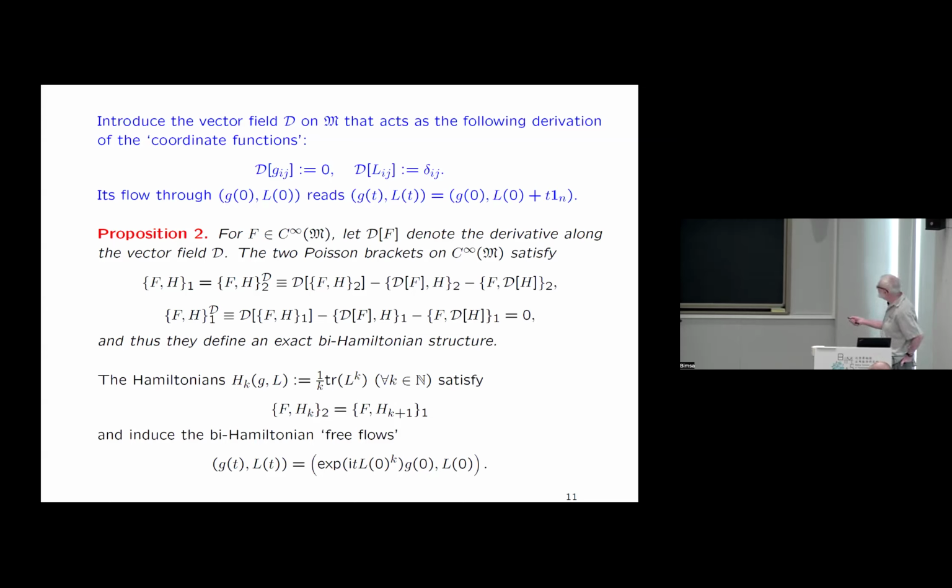In other words, this derivation is just the derivation along the vector field for which this is the integral curve. And then it is a simple calculation to show that the first Poisson bracket, the canonical cotangent bundle Poisson bracket, is the Lie derivative of the second one along this derivation.